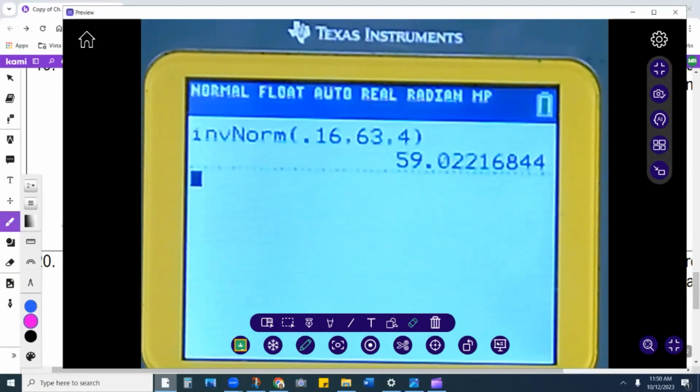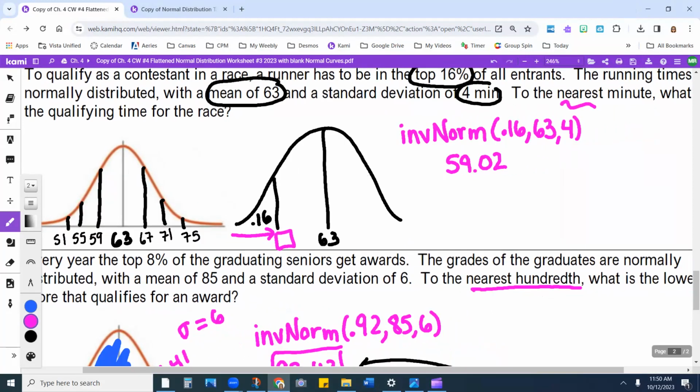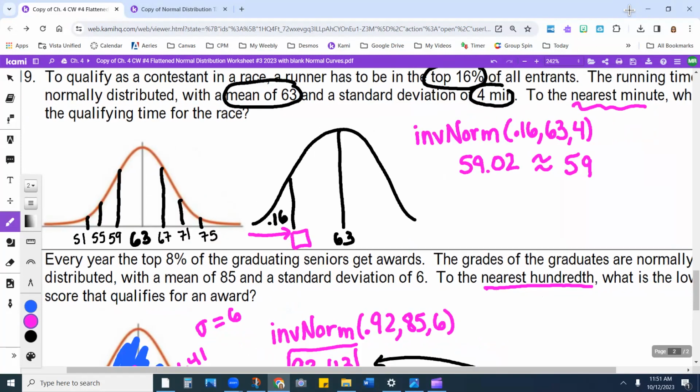And I end up with a 59.02. In this case, they asked us to round to the nearest minute, so it's going to be about 59 minutes. And you'll see that that is to the left of my mean because I want a smaller score.